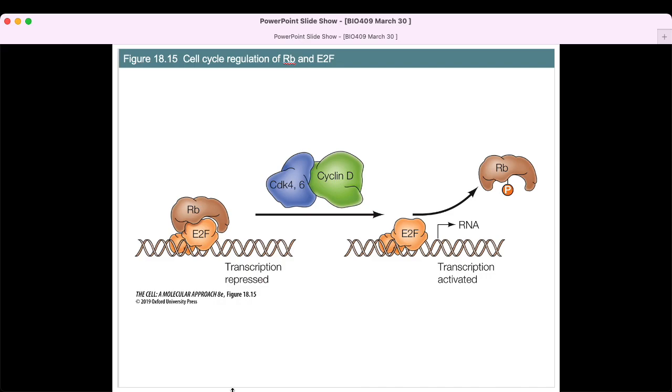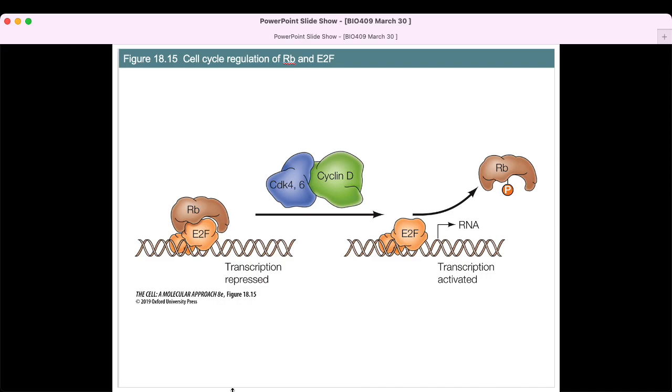Yep. In this one, they have the CDK4/6 and cyclin D. Is that also referred to as MPF? No. MPF is for the G2 to M transition, and that's at the other time in the cell cycle where the proteins involved are actually called CDK1 and cyclin B. It's only CDK1, right?